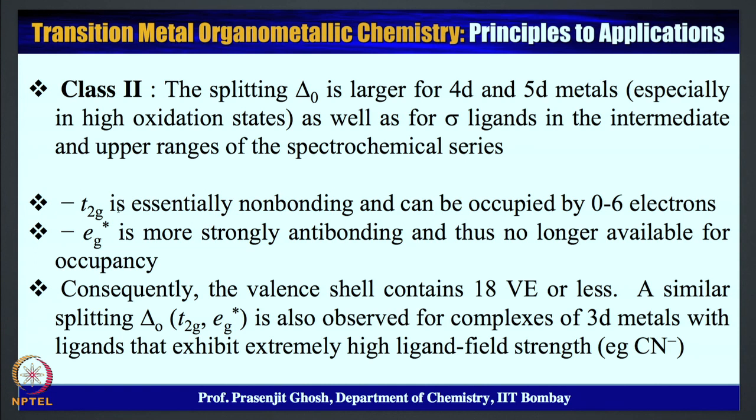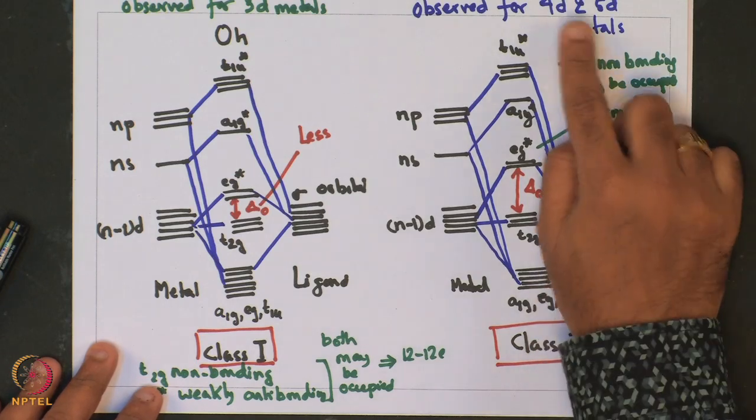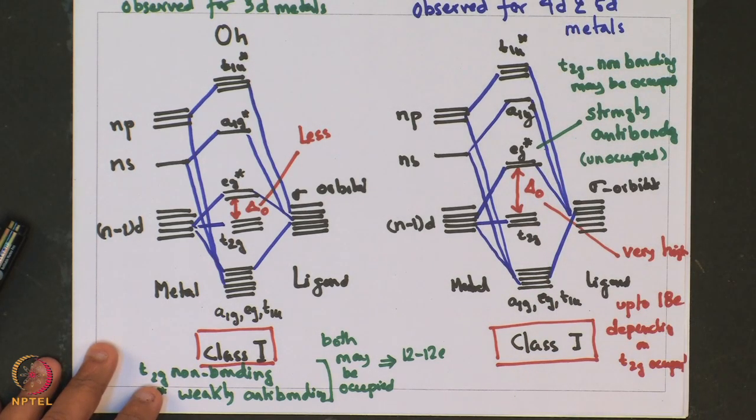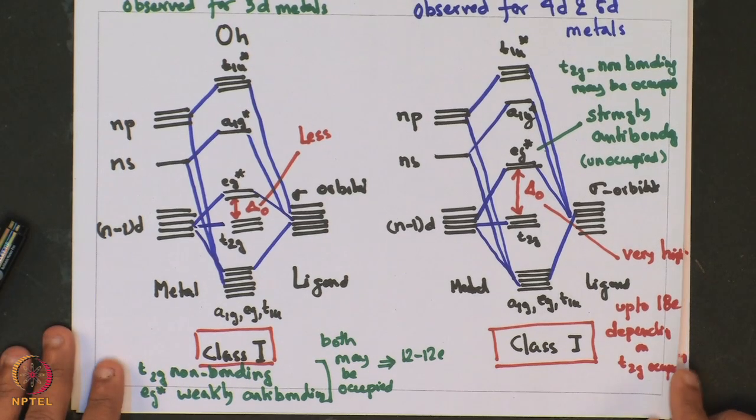So, it is very common for a 3d metal complex to have even more than 18 valence electrons, and for the 4d and 5d metals which constitute class 2, the valence electron count may not exceed 18. That is because the CFSE splitting delta 0 for the 4d and 5d metals is inherently larger than that for the 3d metals, and that is why this difference is observed.